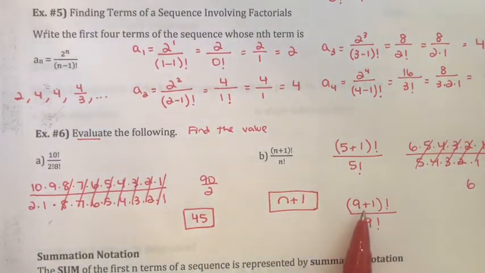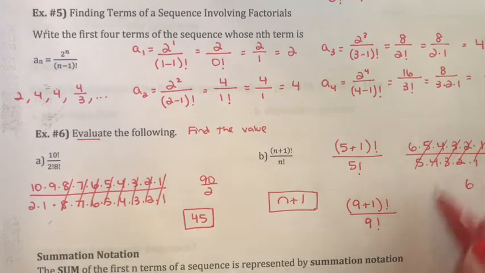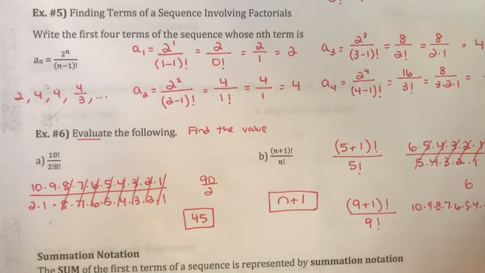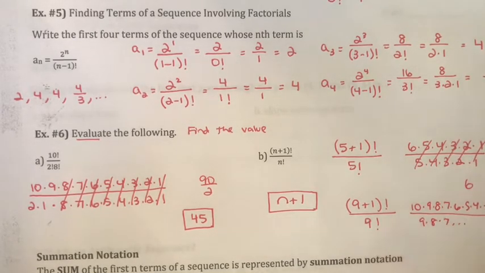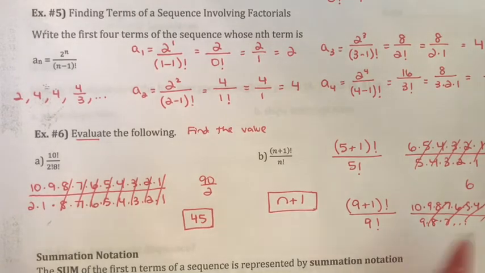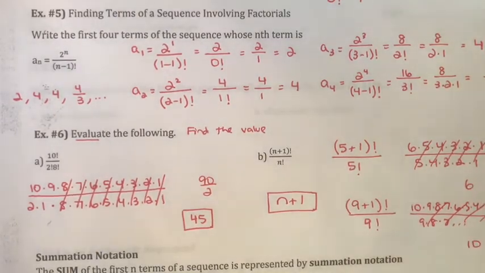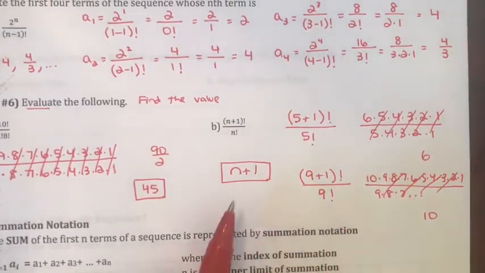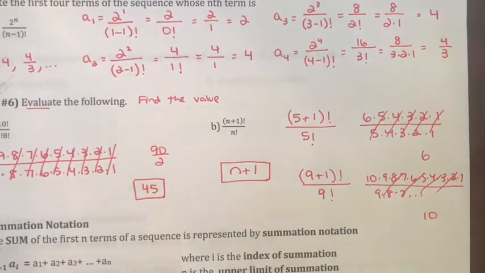That means we're going to have 10, 9, 8, 7, 6, 5, etc., and then 9, 8, 7, dot, dot, dot. So all of this is going to cancel, leaving me with just 10. So it's always, in this case, 1 bigger than the number that I started with. That's why I called it n plus 1.